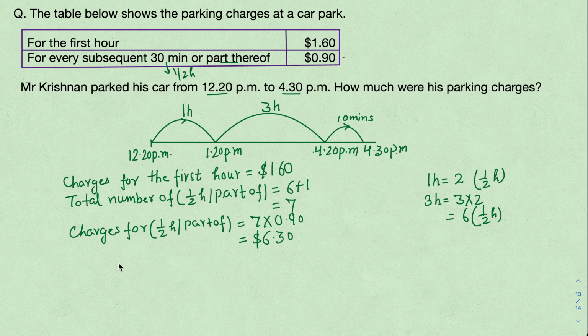So what is the total charge he needs to pay? Let's calculate it. It is simple. You just need to add 1.60 plus 6.30, and that will give us $7.90. So this is the total amount which Mr. Krishnan would need to pay.